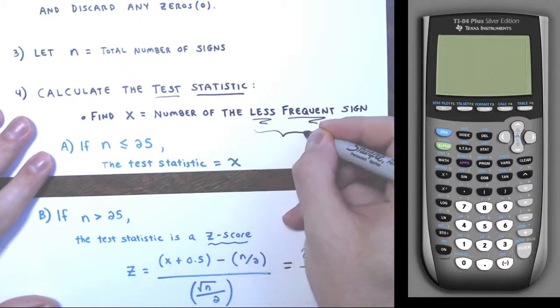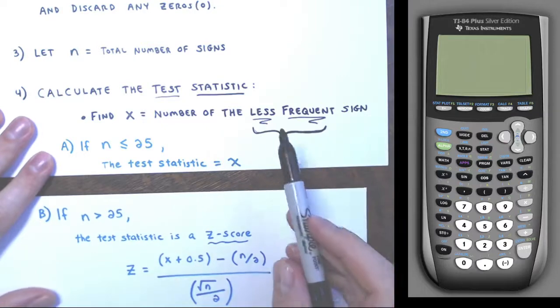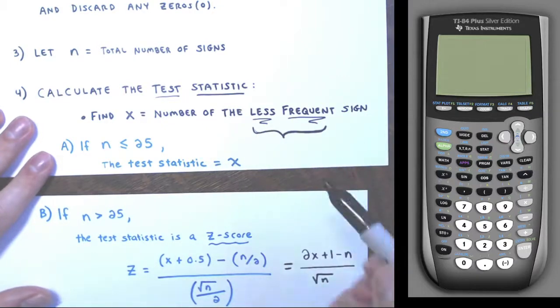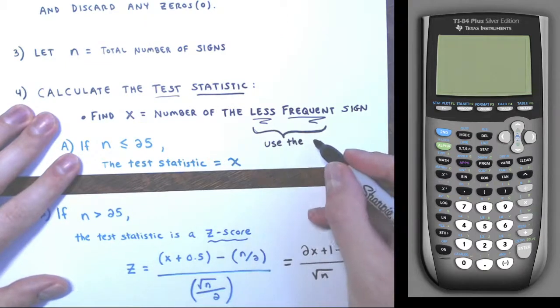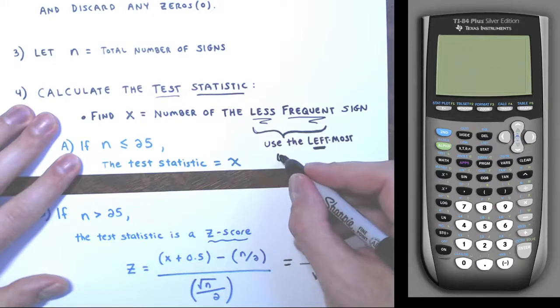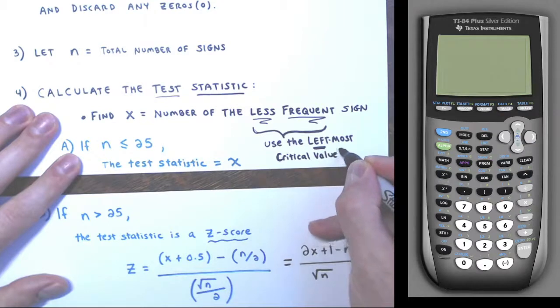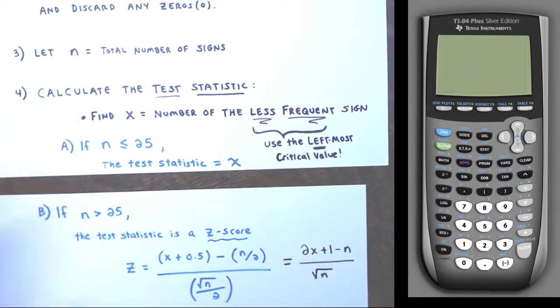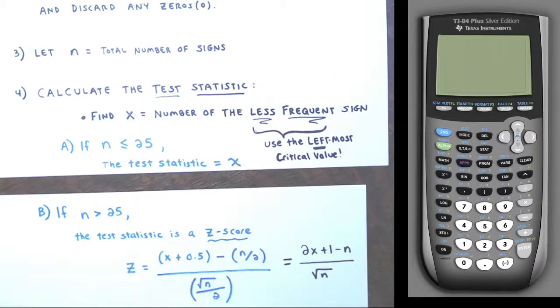Since this value of x is the number of the less frequent sign, we're going to use the leftmost critical value. So even if it ends up being a two-tailed test, we're still going to look at the rejection region in the left tail because of this choice of x being the number of the less frequent sign.